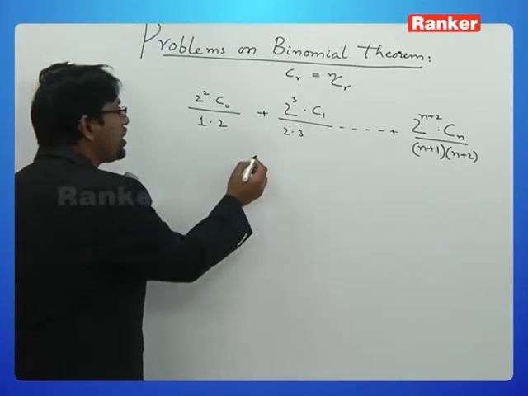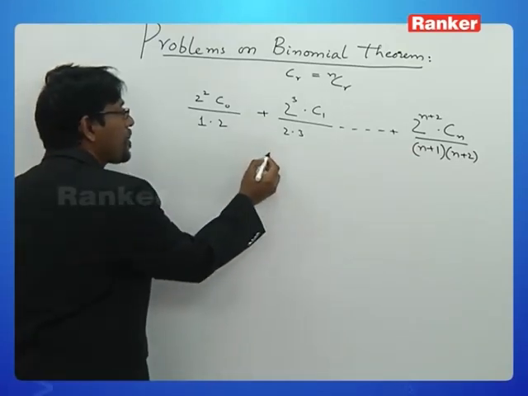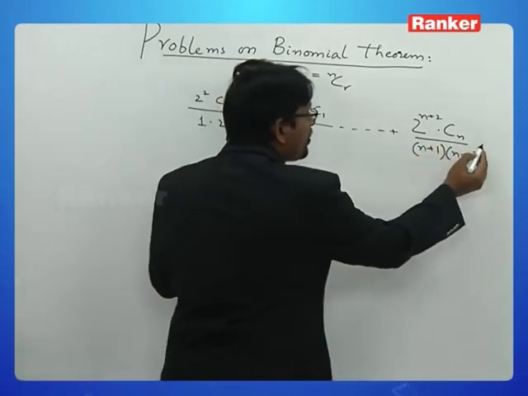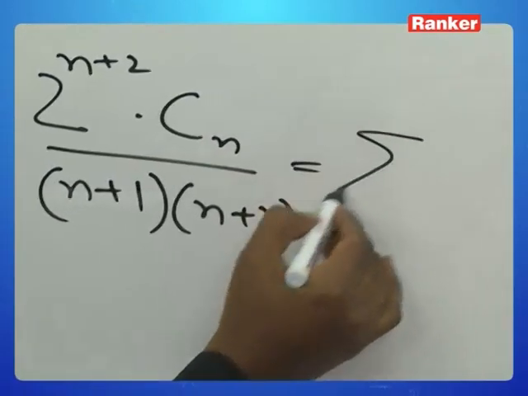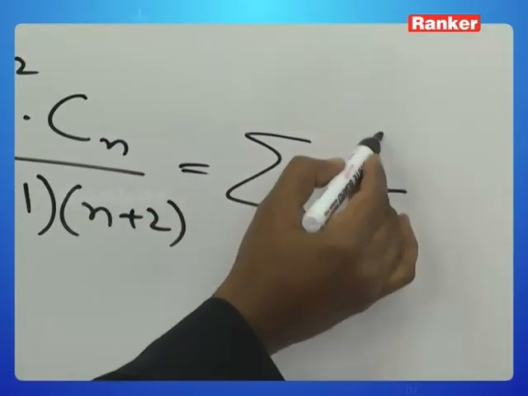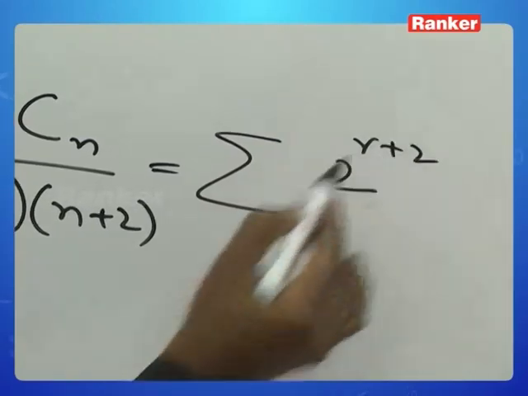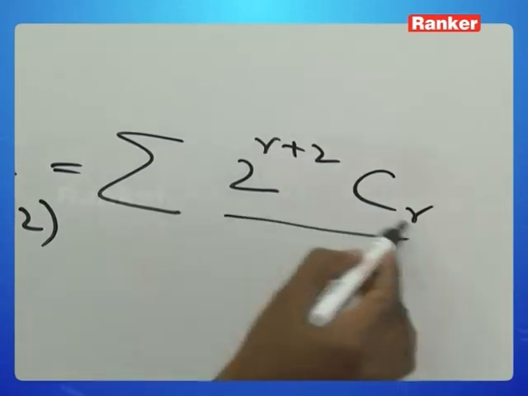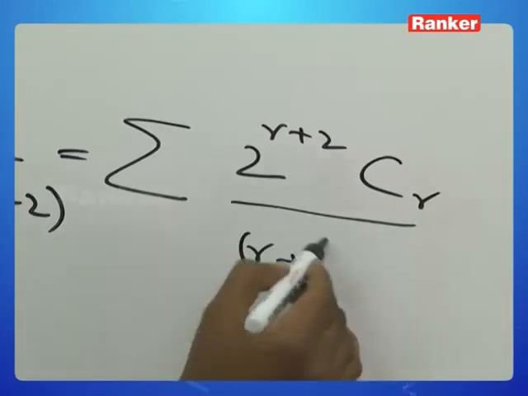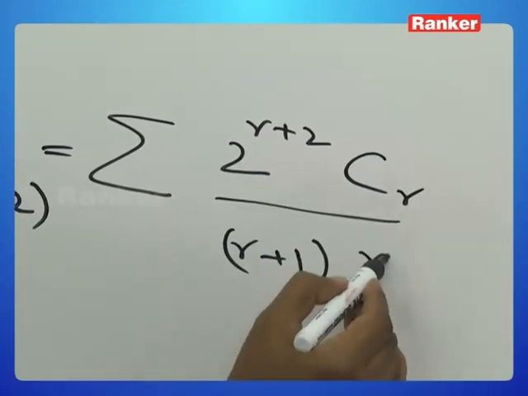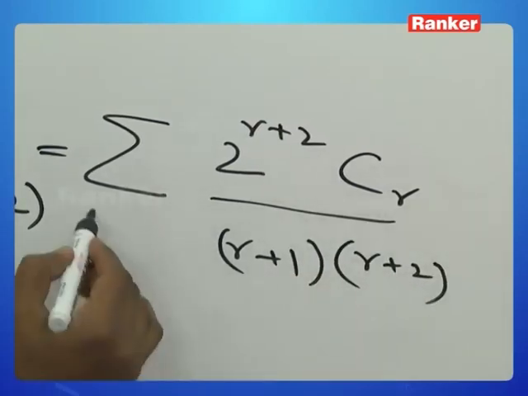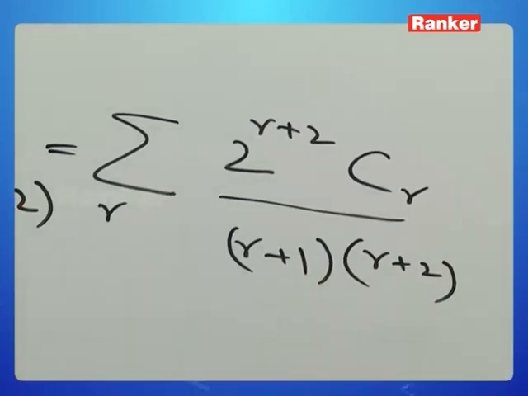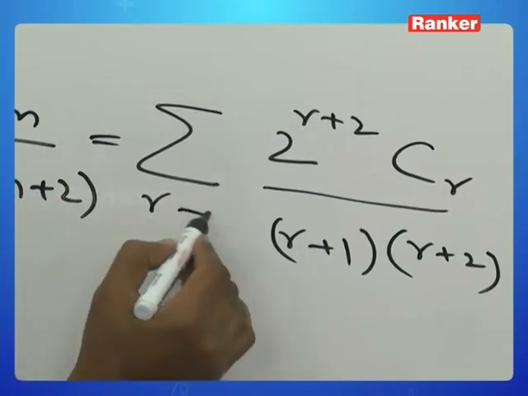Now can we write this in a form like this? We'll write it in a summation form. That is sigma 2 power r plus 2 into CR by r plus 1 into r plus 2, r ranging from 0 to n.